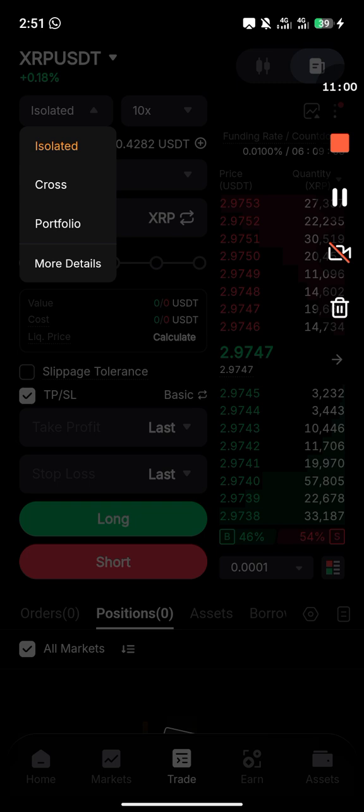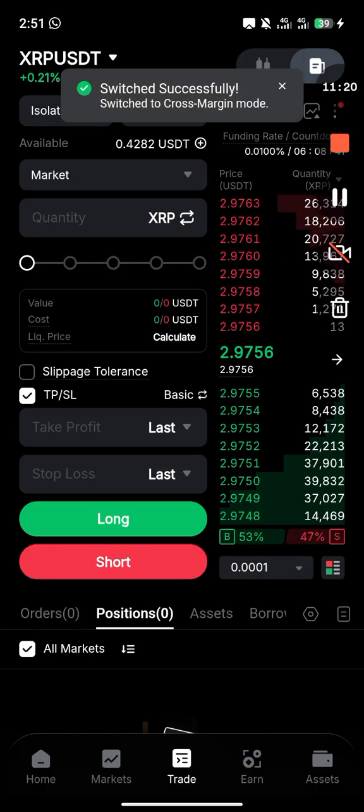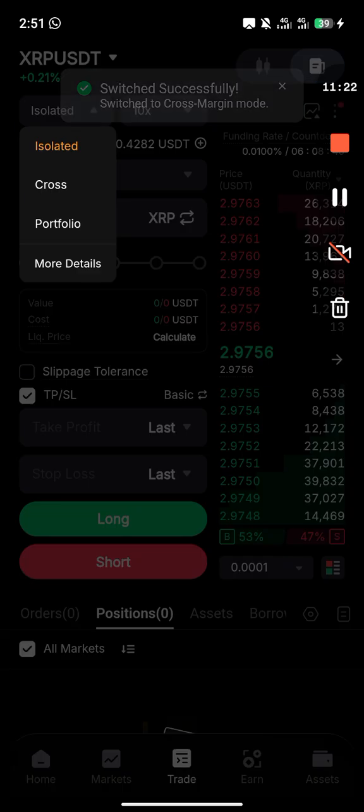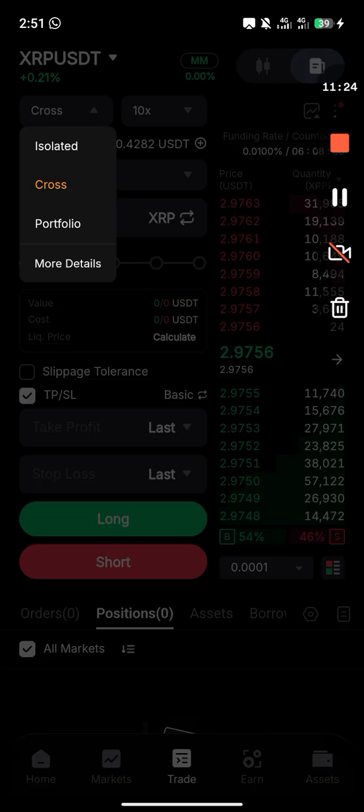Isolated means that whatever I'm using to buy SRP is what I will lose if I don't set my stop loss. Imagine I have $100 in my portfolio and I use $10 to buy SRP.